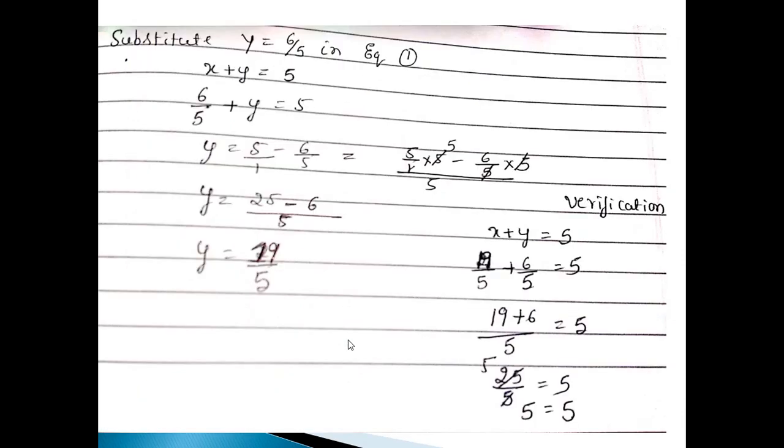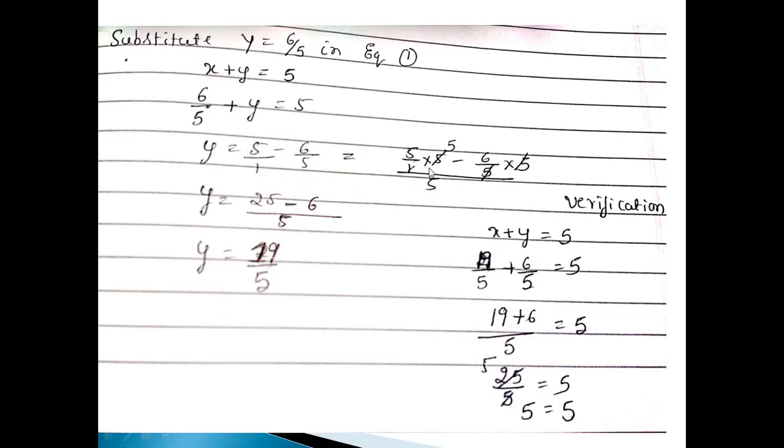So apply this 6 by 5 in equation 1 or equation 2, where x plus y is equal to 5. So x is equal to 5 by 1 minus 6 by 5, taking it towards the right. I already told this method of adding or subtracting fractions. For 1 and 5, the LCM is 5.